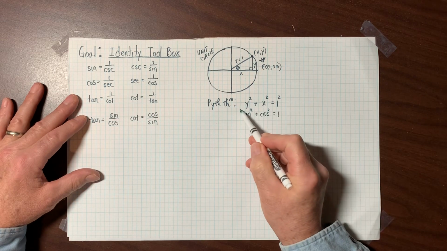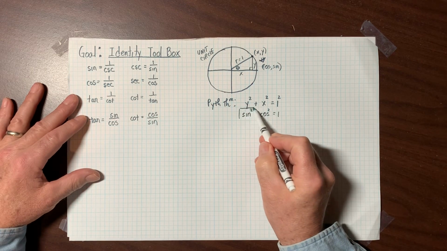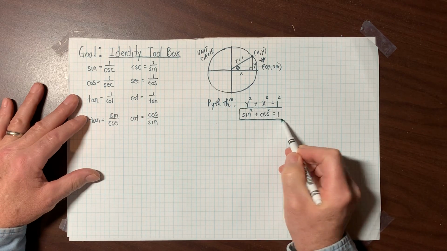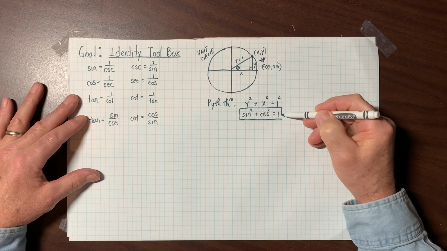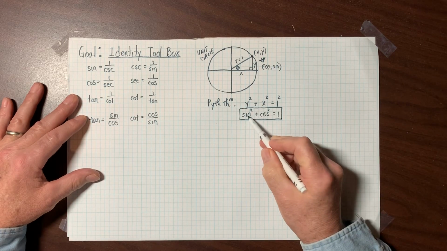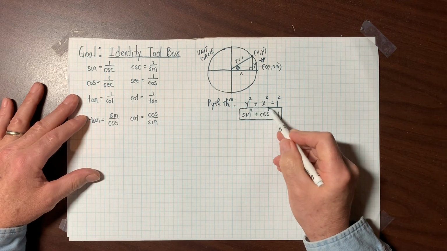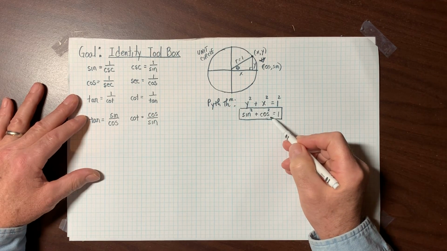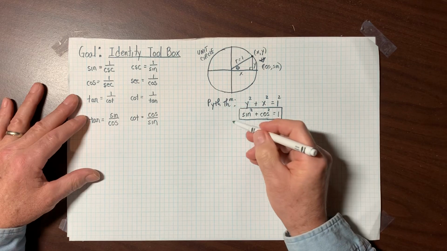This, students, is an identity, a critical, often applied identity. The sine squared of an angle plus the cosine squared of an angle will always, always give you 1. Now, I want to make sure you understand what that means.